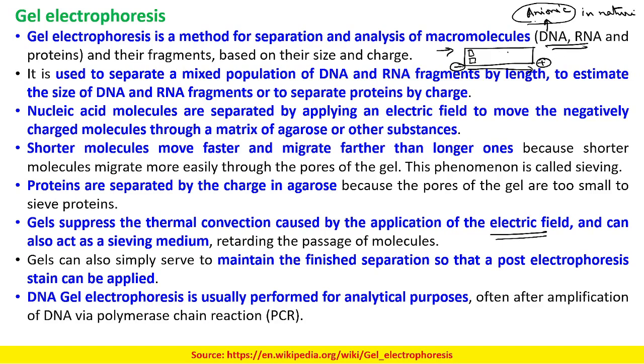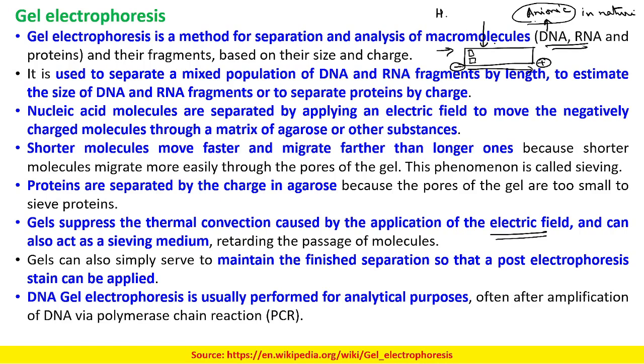So the bottom would be the positively charged terminal, and this negatively charged terminal will give you an electro-repulsive force towards this anion, and that will help us in the separation of the analytes within the gel.